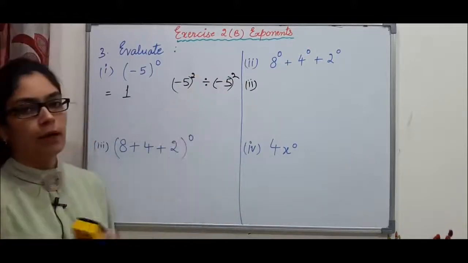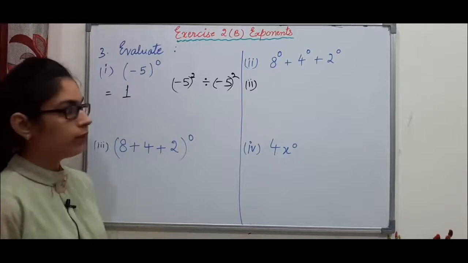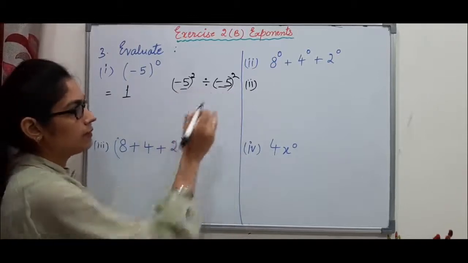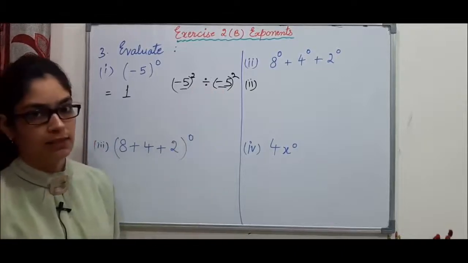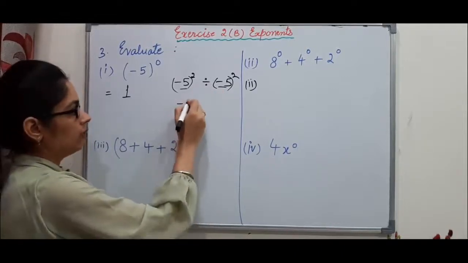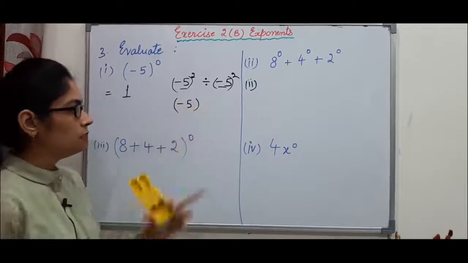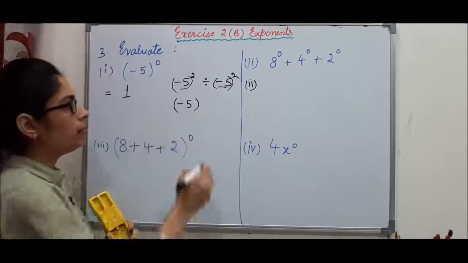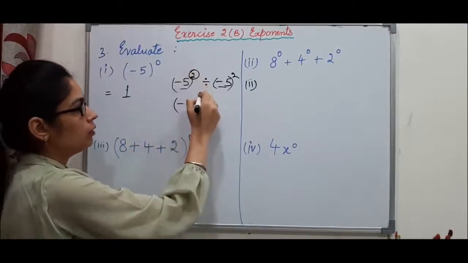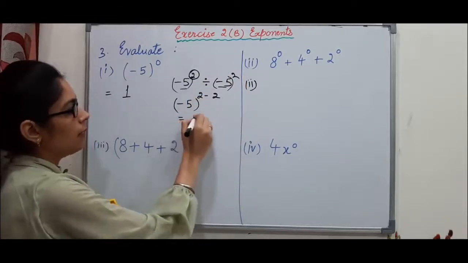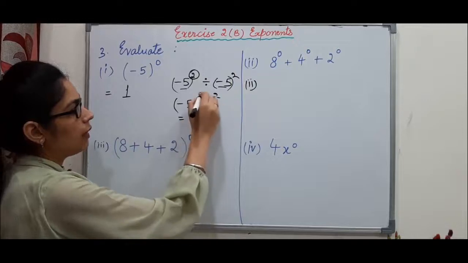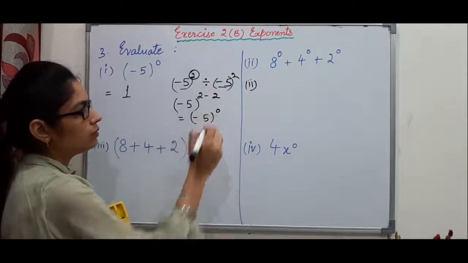So according to the quotient rule, if the bases are the same and the numbers are getting divided, we have to subtract the powers. So minus 5 we write one time, and 2 minus 2 is 0.